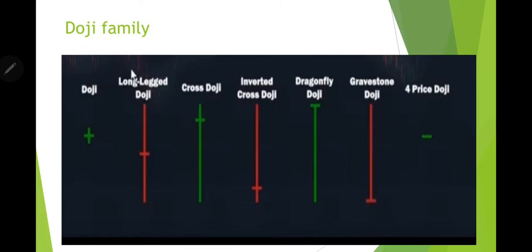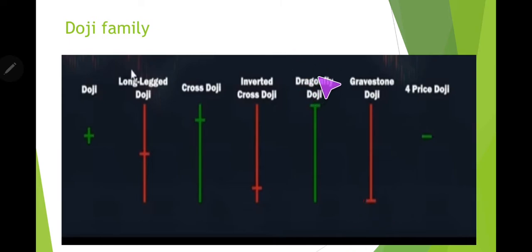Notice that all of the Dojis are indecision candles, and they've got the same thing in common. For instance, the gravestone Doji has a long upper shadow, a small body, and no or a small lower shadow.